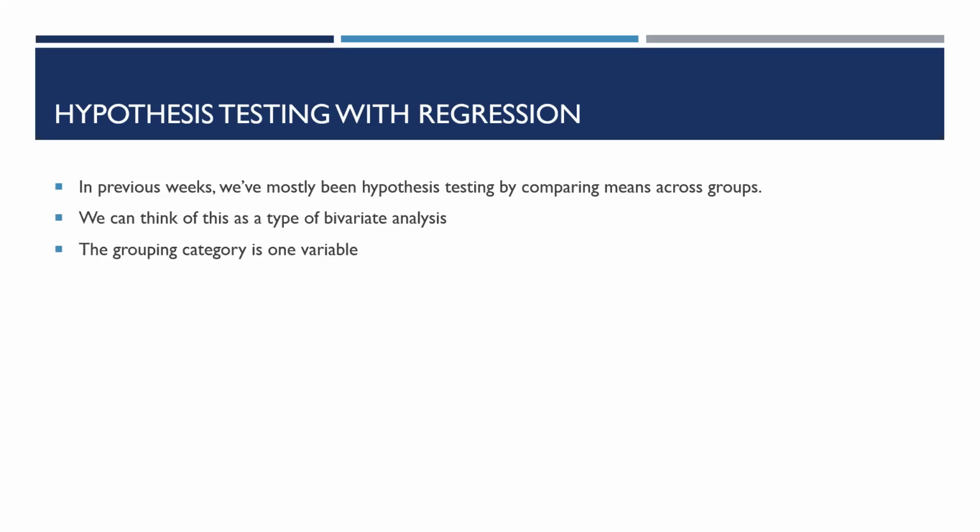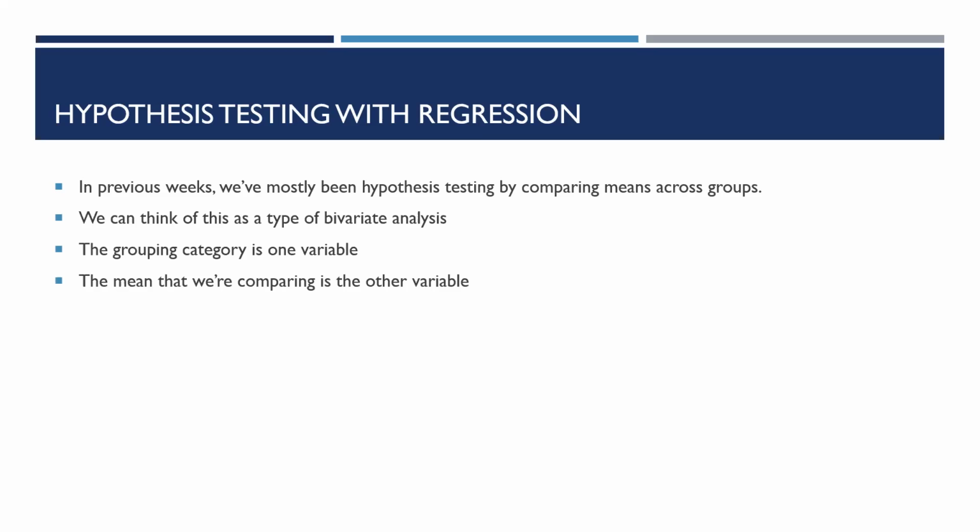So maybe we looked at means for things like political interest and tested whether they differ for men and women, right? So in a survey, the respondent sex is one of the variables, political interest is the other, and this is a bivariate analysis. Same thing with ANOVA.